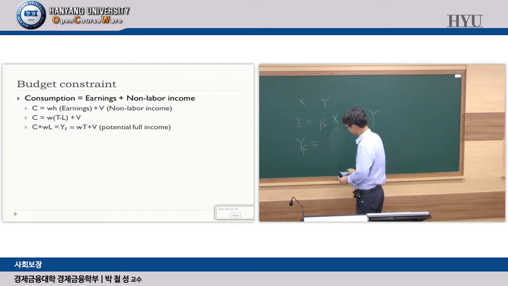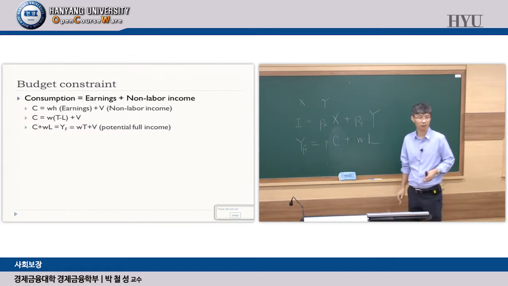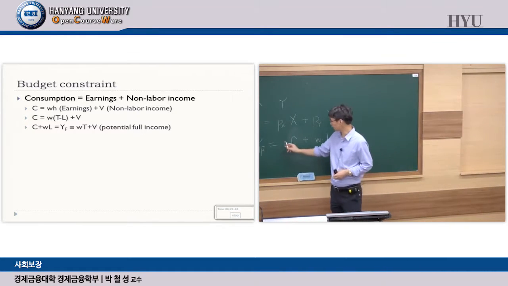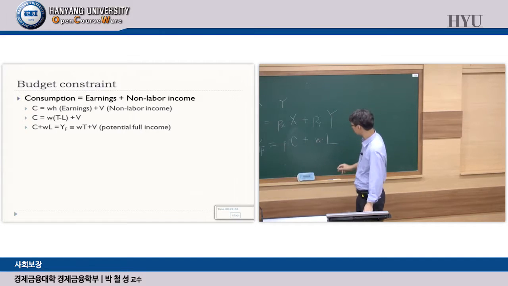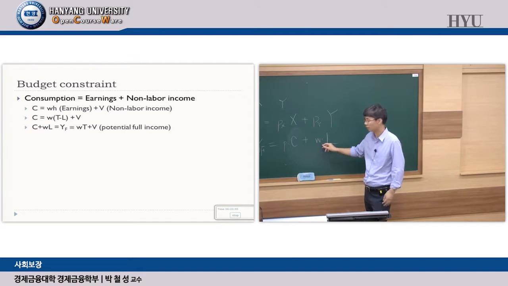One is C. Actually, we have PC, but let's say PC plus WL. We just forget about P, but anyway. P is the price of the consumption good, and W is what? If you look at it this way, W is the price of leisure.